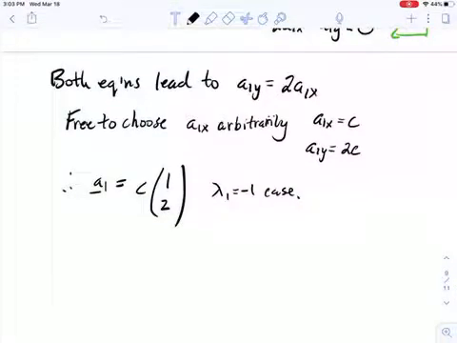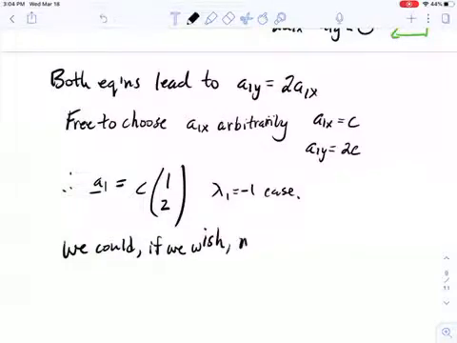If we go back to mechanics, what you might do is you might say, well, what I really want is the unit vector in the direction of the principal axis. And so if you want a unit vector, then you're going to require that your eigenvector have length 1. So we could, if we wish, normalize A1.